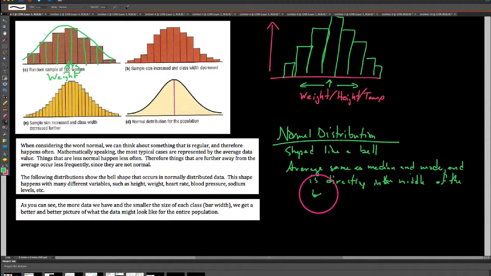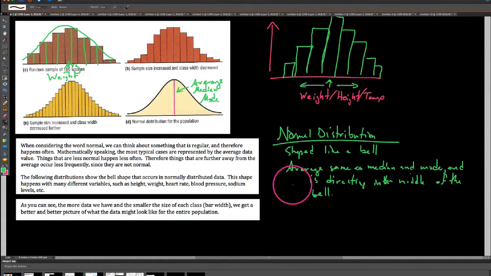As we move away from this average spot, and we should really label this, this is the average. With a normal distribution that is perfectly symmetrical like this, the average is the same as the median and also the same as the mode. All three of those would be equal.